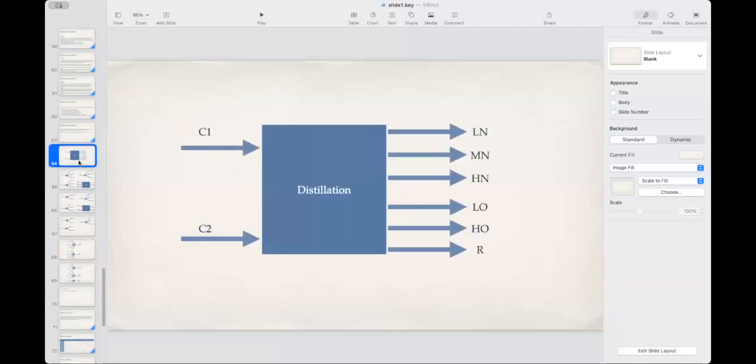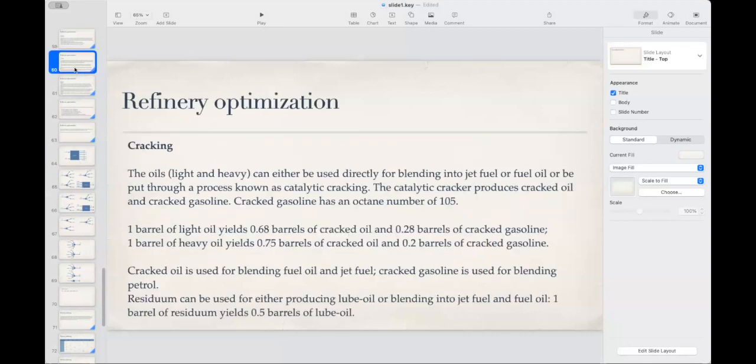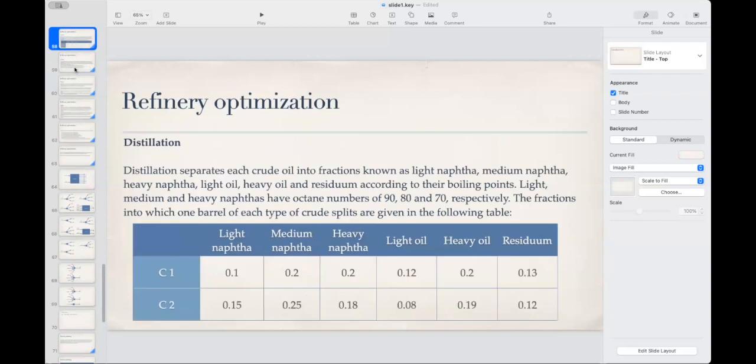For the conversion, the first crude oil, we send 1 barrel to the distillation column, and it converts to 0.1 like naphtha, right?